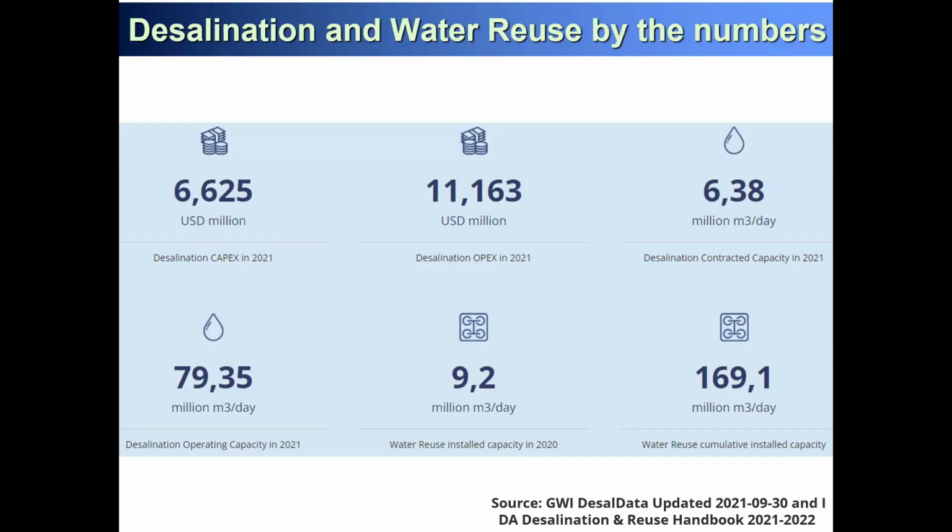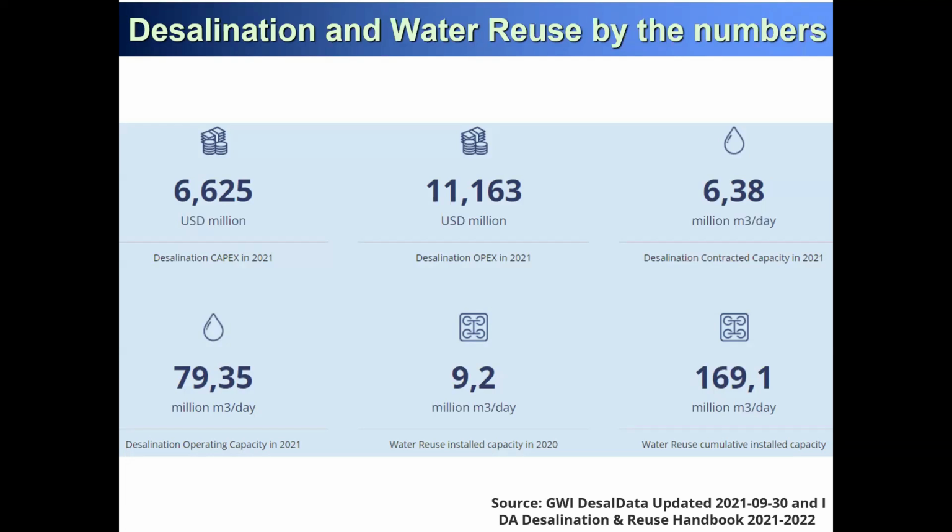So people like water reuse, which is a little bit cheaper, so it is better to go for wastewater reuse if you are in that area and have enough wastewater. Seawater desalination depends on your coastline, and it's expensive.